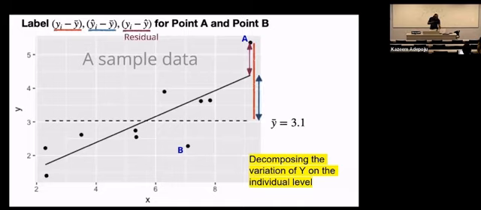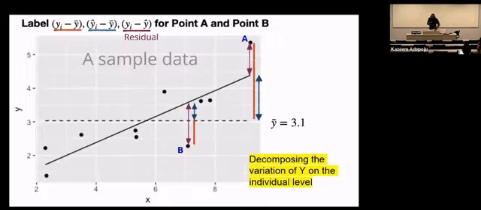I'm actually going to go mathematical. If you take a look at what I have: yi minus y bar, y cap minus y bar, and y minus y cap. Of course, we use each of those to obtain the total variation in the dependent variable, the variation explained by the model, as well as the unexplained variation.